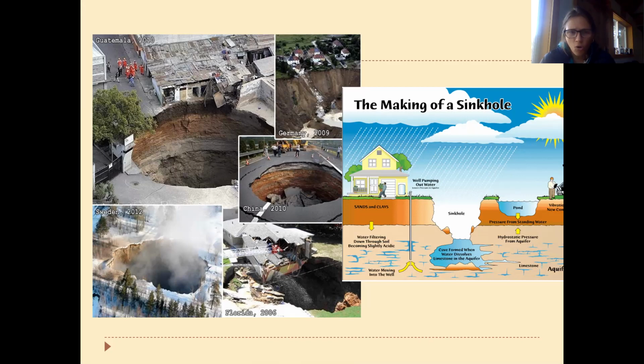These are called sinkholes, and you may have seen some of these bizarre sinkhole stories in the news, but basically these are created by shifts in groundwater. Sometimes these shifts might be just natural drainage of water from the landscape, but a lot of times it's exacerbated when we have local groundwater pumping.